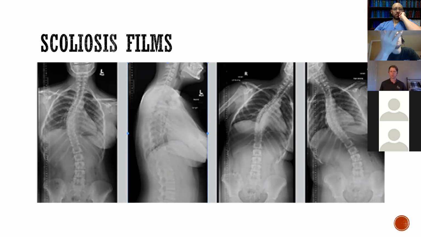Regardless, on the second image from the right, the patient is bending into the concavity of the thoracic curve. On that leftmost film, that patient had a curve in the lumbar spine and a curve in the thoracic spine. Where the patient is bending to the left, judging by the cardiac shadow, the lumbar curve corrects entirely.